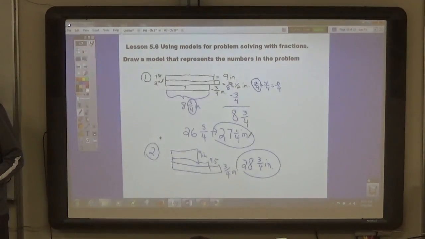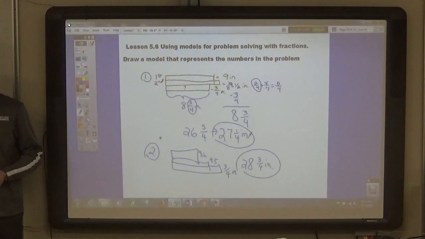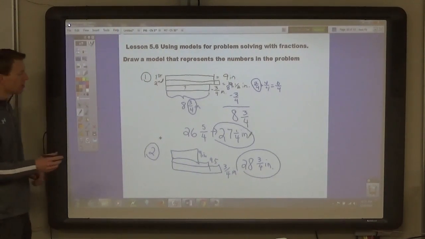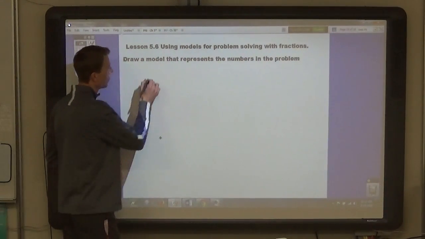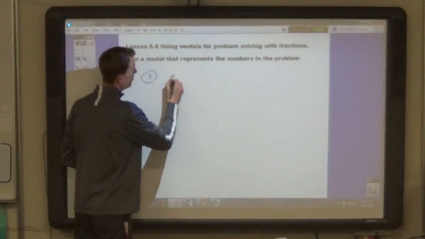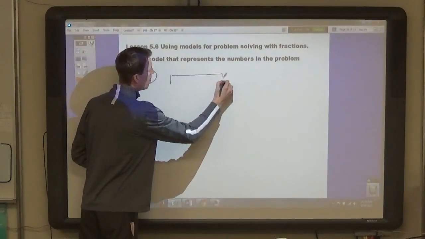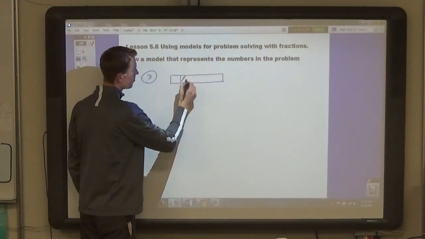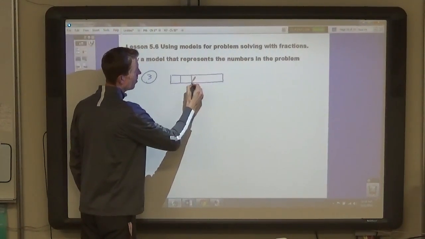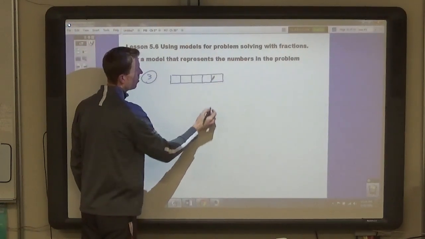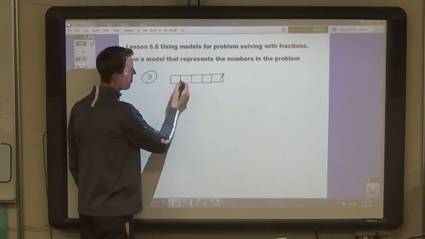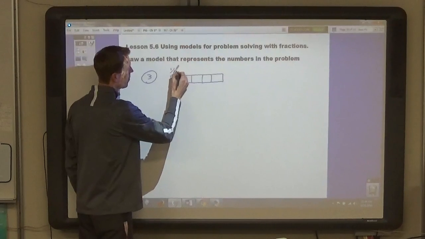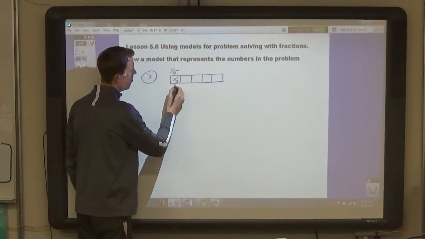Number 3. For a wicker craft project, 1/5 of the class made baskets. Ooh, this is a good one to use models. One-fifth of the class made baskets. So one of these, this is in fifths. 1/5 made baskets.